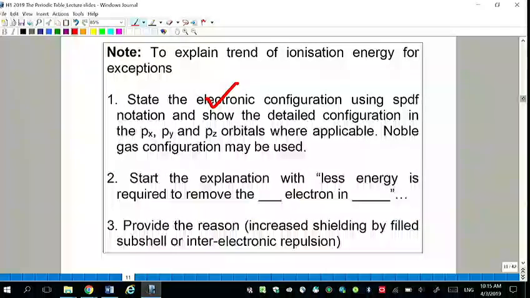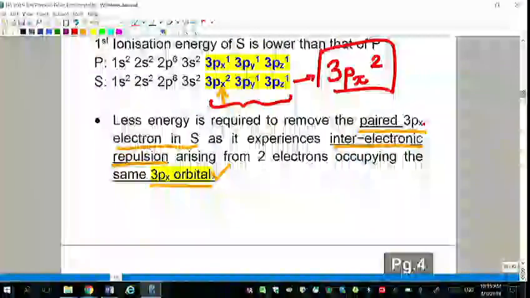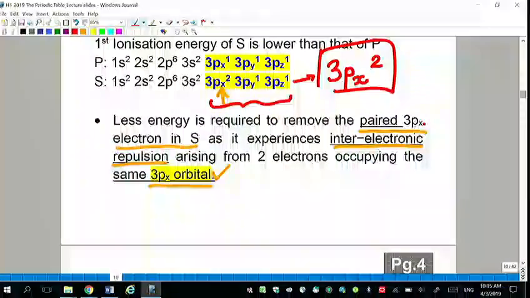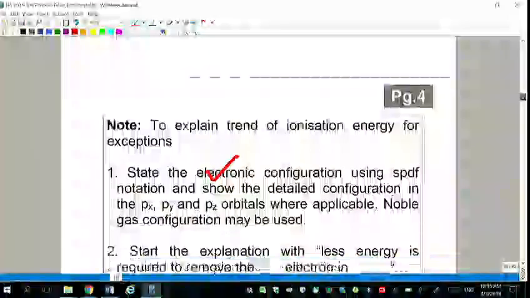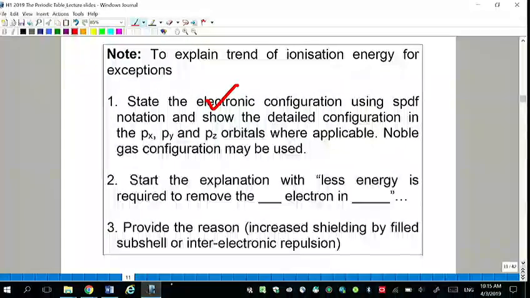In particular, if you mention inter-electronic repulsion, please make sure that you show it in terms of the 3px, 3py, 3pz orbitals when you write the electronic configuration. So take note. Then I will start off with "less energy is required to remove." This is the sentence that I will try to memorize to start off the explanation.